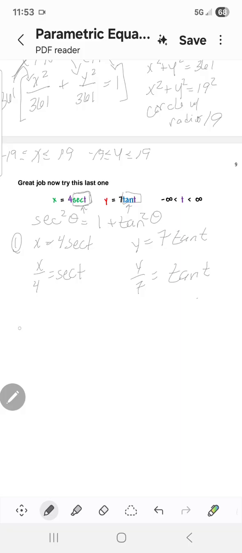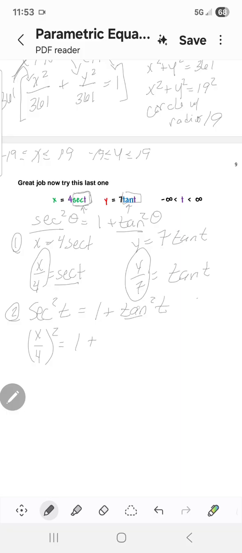Now what can I do? I have a trig identity that uses these two values. So secant squared t equals 1 plus tangent squared t. I know secant is x over 4, so that's x over 4 quantity squared equals 1 plus, I know tangent is y over 7, so y over 7 squared.